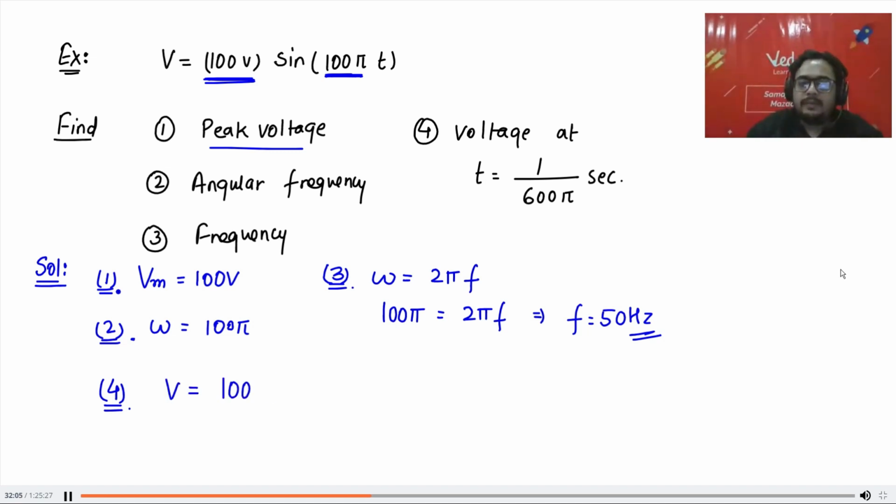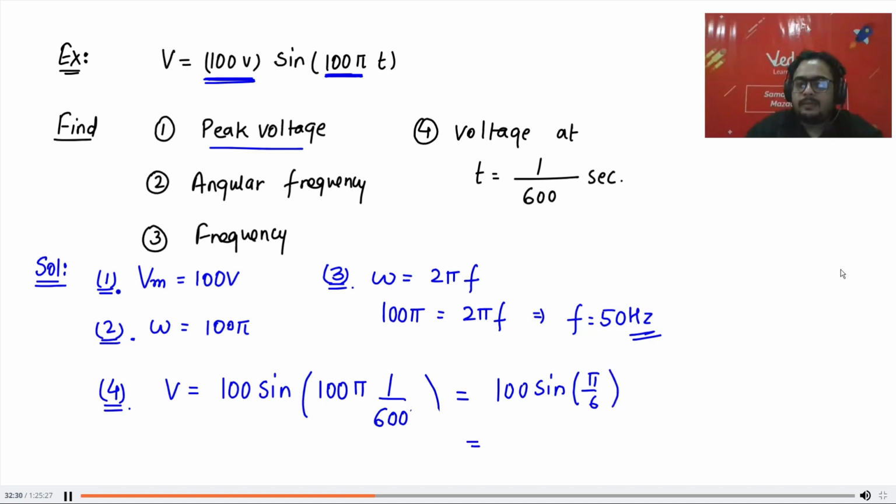You will get V is 100 sine 100 pi, and the value of t is 1 by 600 pi. So what do you get? You get 100 sine, let me take this 1 by 600 only, then we will get a good answer. Pi by 6. What is pi by 6? 30 degree. So what do you get? 50 volt. That is our answer.